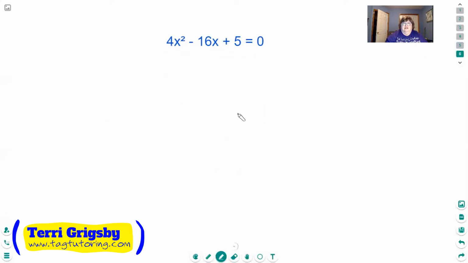Now let's see on this one. Okay, I'm going to do my same method here. So 4 times 5 is 20. So it's got to multiply to give me 20, but it's got to add to be negative 16. So 1 times 20, 2 times 10, 4 times 5.